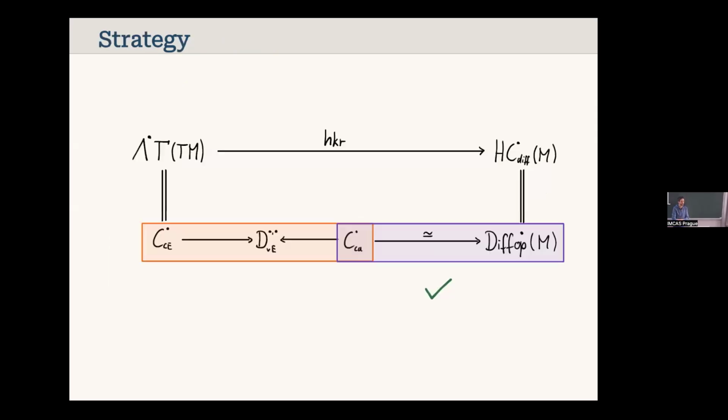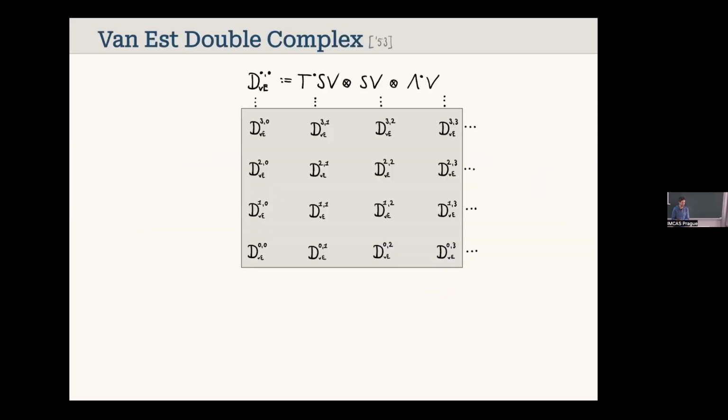Okay, so let's go now to the construction of this double complex. As we've seen in Jakob's talk, we're considering the following double complex. It sits in the upper right corner of our plane, so it starts in 0, 0 and goes up in both directions. We have 3 tensor factors.